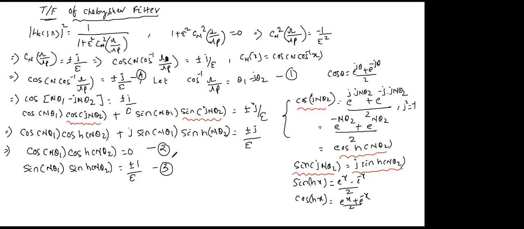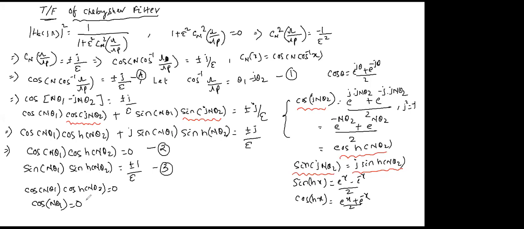Now solve equation 2. We know that the hyperbolic function cannot be 0. Cos of n theta 1 cos hyperbolic n theta 2 equals 0, so we can put cos of n theta 1 equals 0, because cos hyperbolic function cannot be 0.